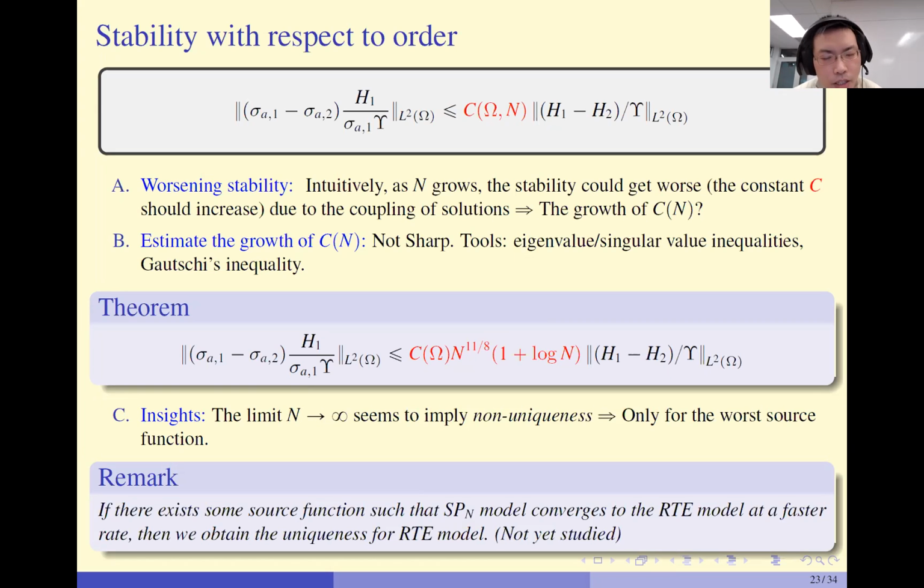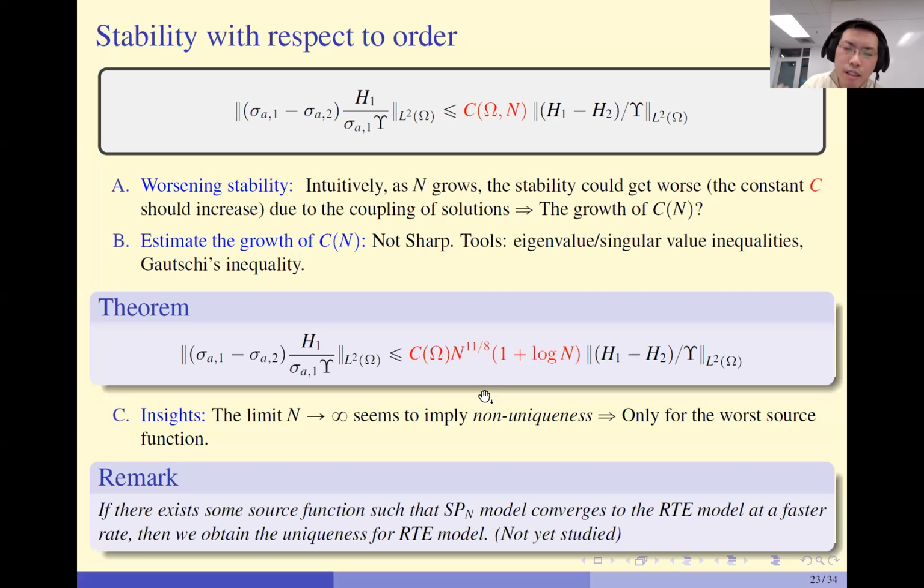So we have this kind of growing constant, but it's still not that bad. It doesn't really mean that the true radiative transport equation does not have any stability. The reason is that this constant is only sharp when you are equipped with the corresponding boundary laser source. So for each n, you will have a laser source to give you this kind of better constant.